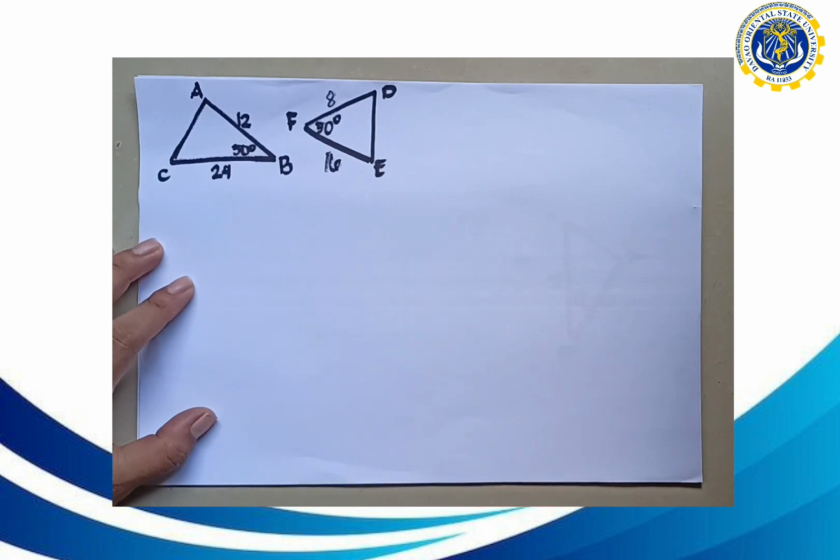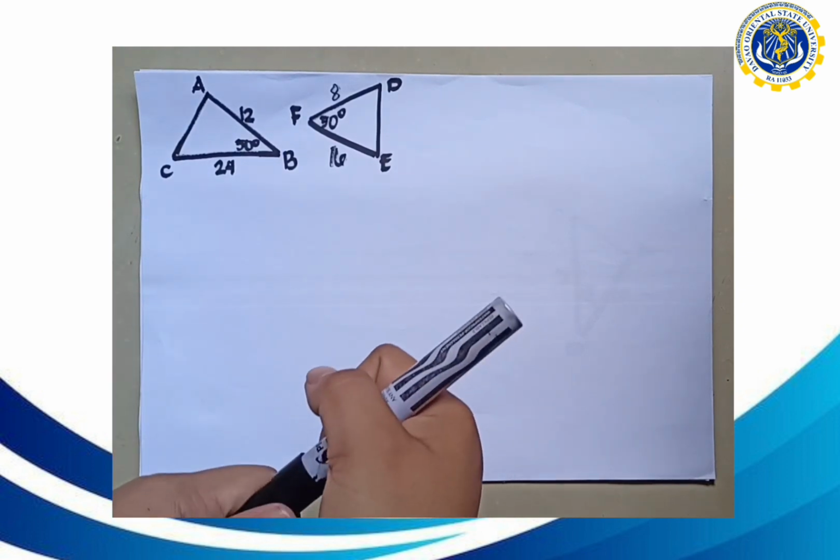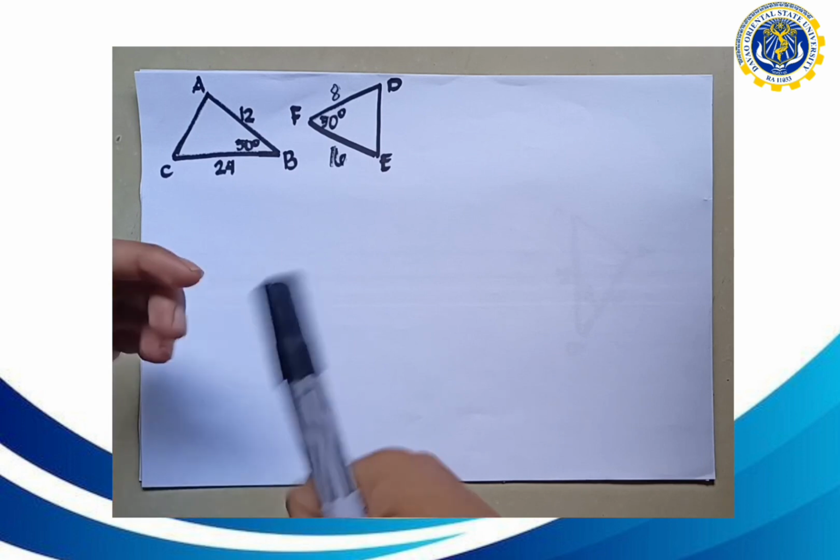So we can say that angle B is equal to angle F, and these are both included angles. Then we just check that the sides around the angles are proportional. So we have the solution for this example.